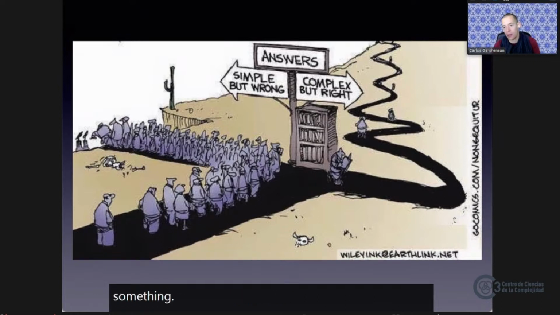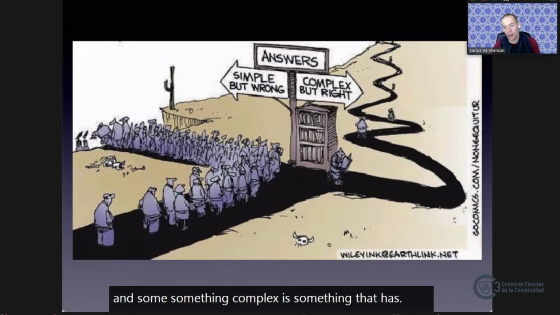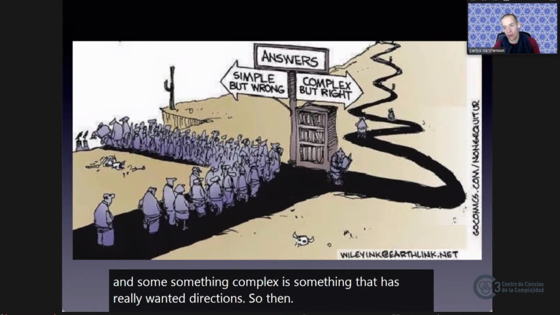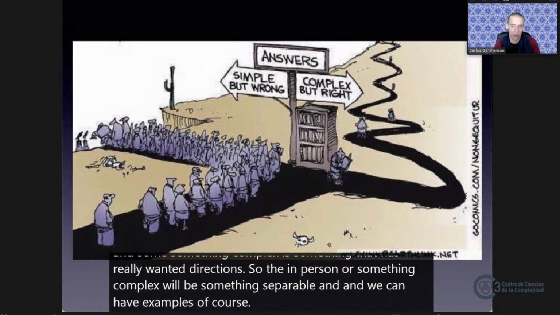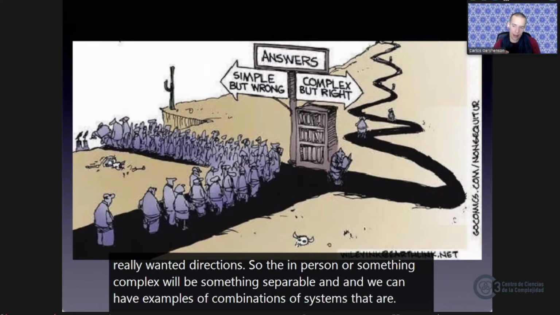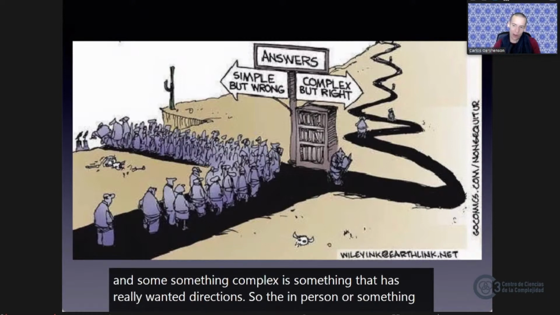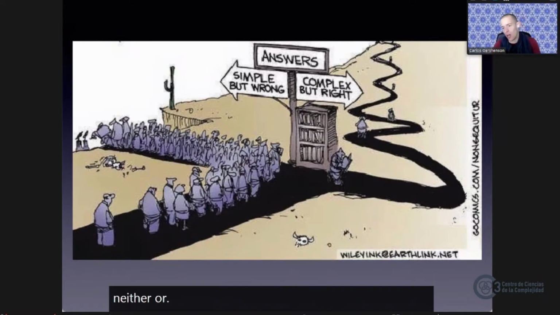And something complex is something that has relevant interactions, so the inverse of something complex will be something separable. We can have examples of systems that are complicated and complex and chaotic, or neither, or just one or two of them. So you can have all the combinations.